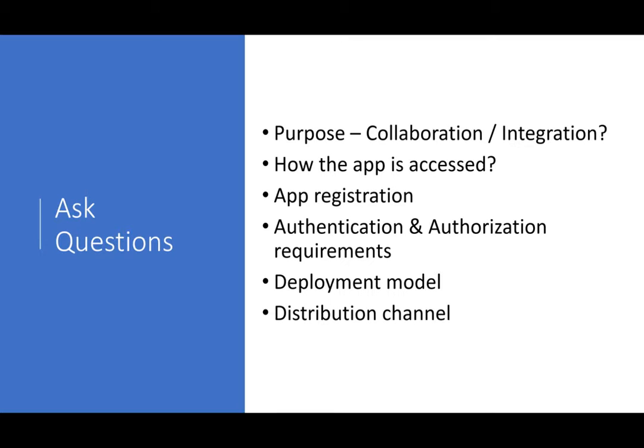When you deploy your applications, there has to be some way for the user to reach your application and use it. So based on the scenario, how is your application accessed by the end user, and how do you register your application? Do you want to just have your application in SharePoint? Would you like to make it public in Office 365, or does it just have to run in Word? You have to understand where you would like to register those sorts of applications.